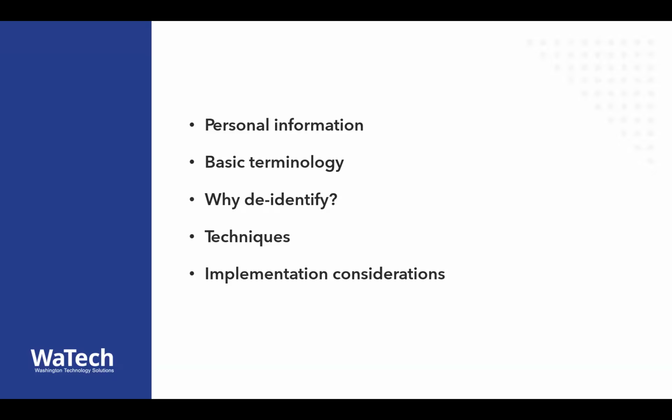We're going to talk about why we want to de-identify information and why this is an important concept. And hopefully there we'll connect a little bit about some concepts that you're probably already doing, whether you are thinking about it as de-identification or not. We'll talk about some specific techniques for de-identification, and then we'll also get into implementation considerations.